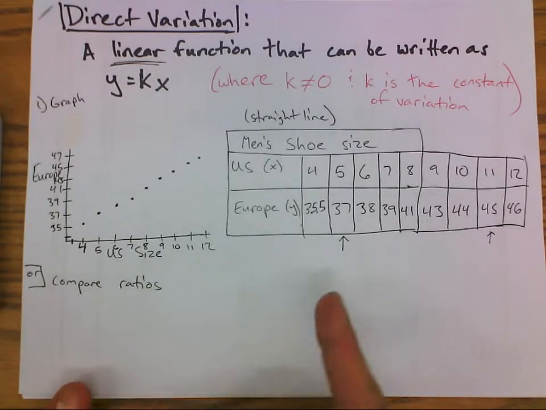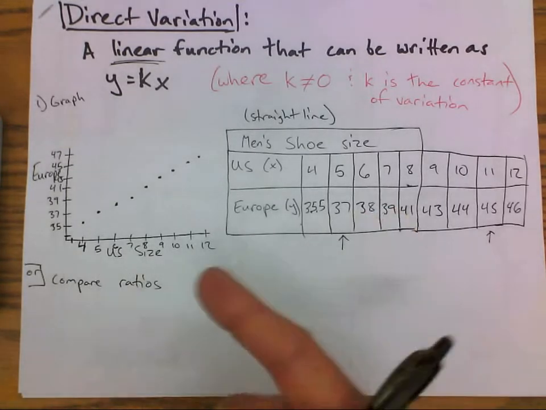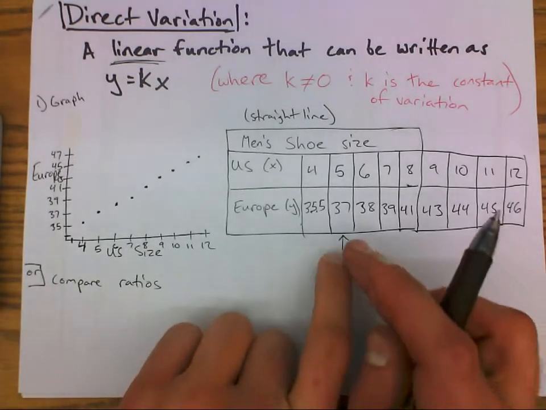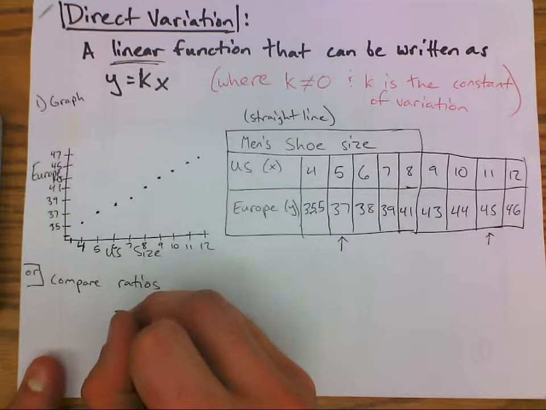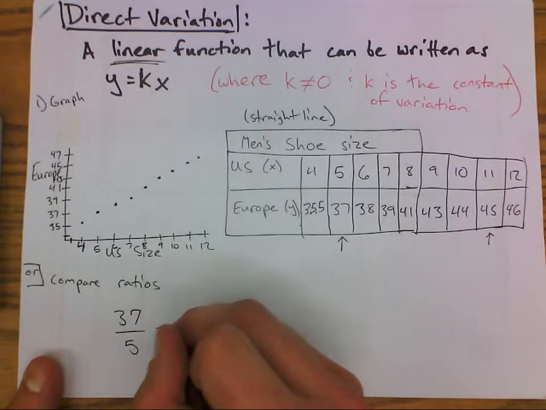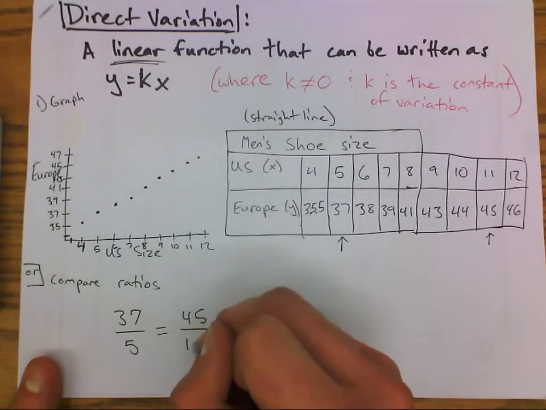I want to see if these two are proportional. If a function shows direct variation, these will be proportional. So 37 to 5 and 45 to 11.